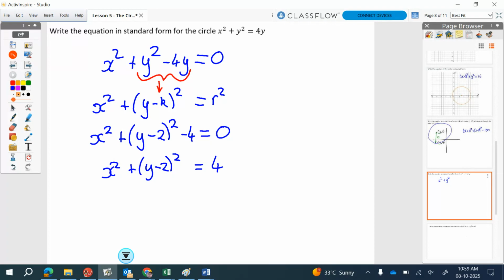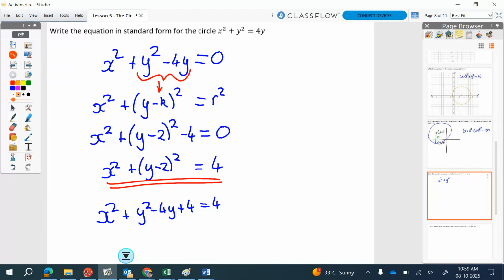Let me show. So this is our answer. Some of you are struggling with the completing the square routine that we saw earlier in the course. Let's expand that bracket. We get y squared minus 4y plus 4 equals 4.